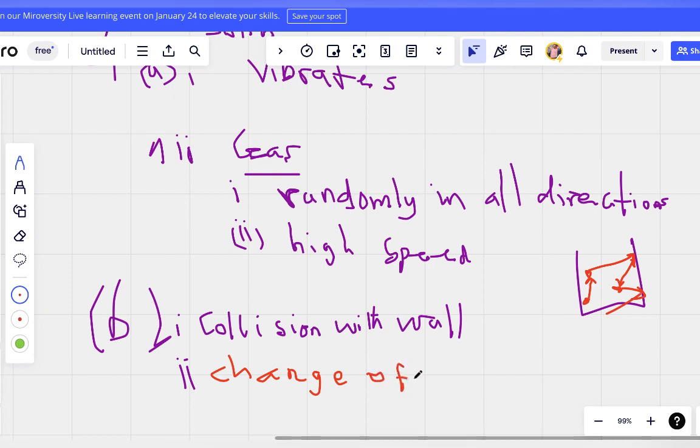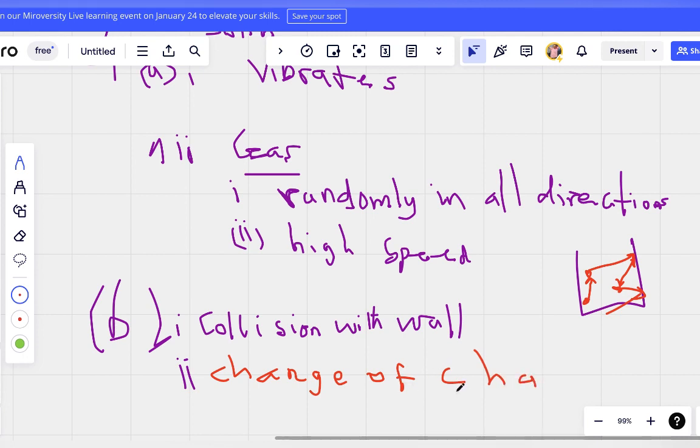Momentum is your movement, your speed when an object is moving. So when you hit the wall, your speed will change, your direction will change. So we say there is a change of momentum. That's the second point. So we're going to get 2 marks so far for writing these 2 points.